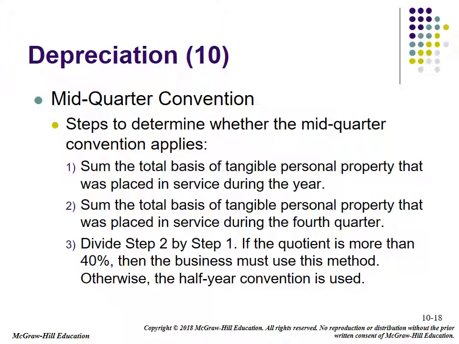You purchased an asset on July 15th. So what we do is we say, okay, what quarter was that purchased in? Well, the first quarter would be January, February, March, then April, May, and June, then July. So that's the third quarter. We would use a table that's set up for third quarter purchases.